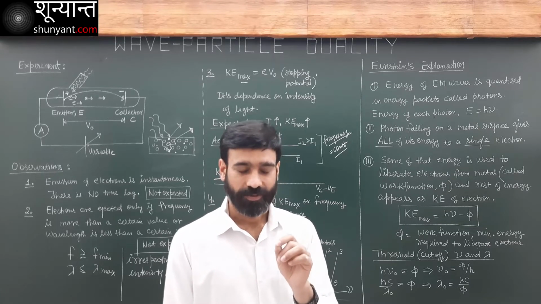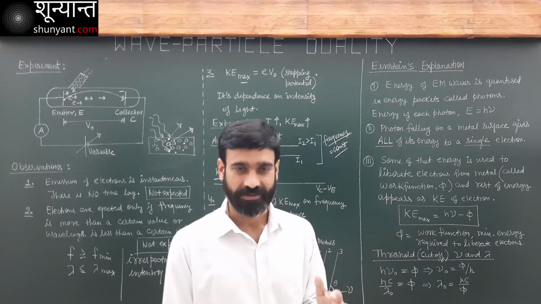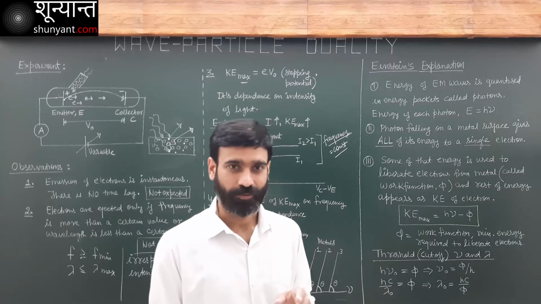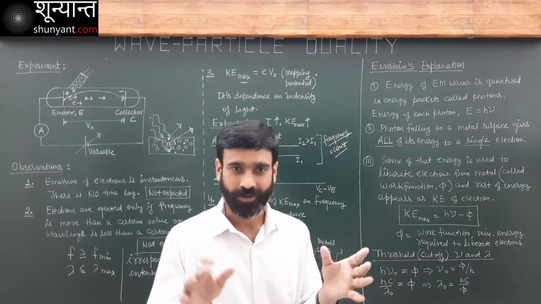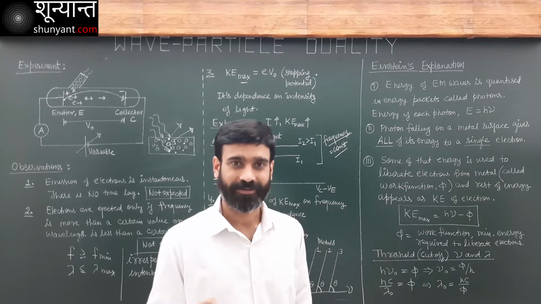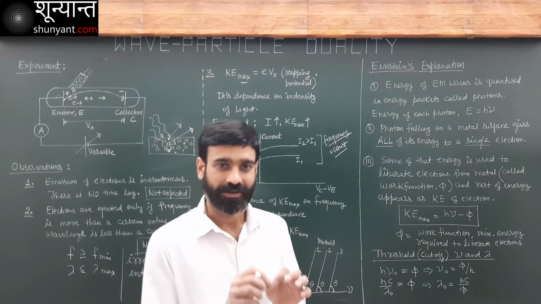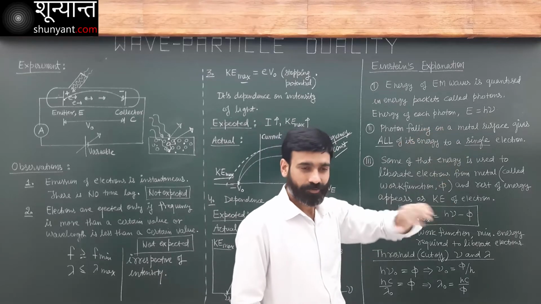Energy is never transferred in fractions. A photon is not going to give half of its energy, 20%, 30%, no. It will give either 100% or nothing at all. Either 0 or 100. So the photon is going to give all of its energy to an electron.